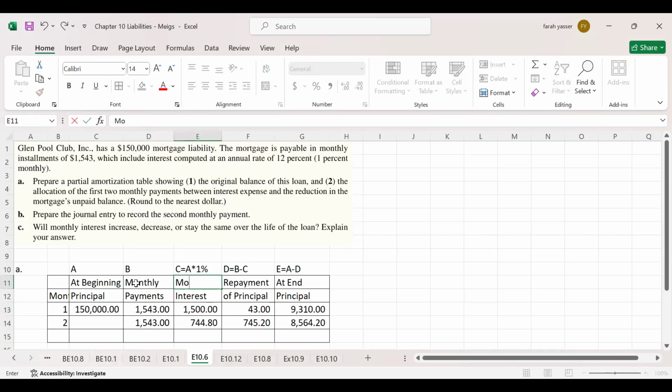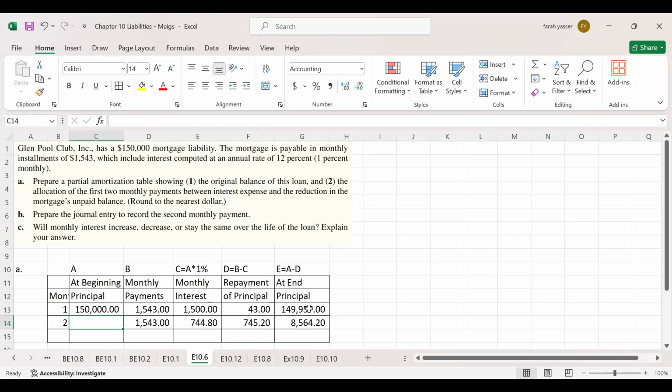The remaining balance is 150,000 minus the repayment of principal, which is just 43. So 149,957 is your closing balance or remaining balance at the end of month one.